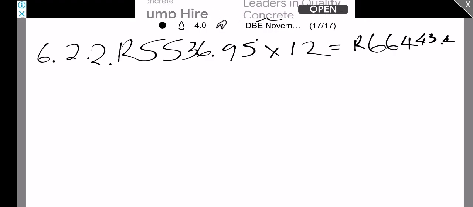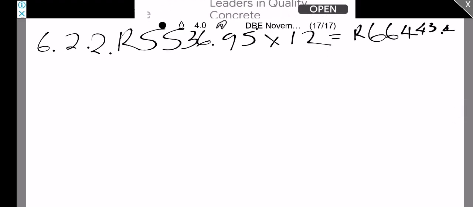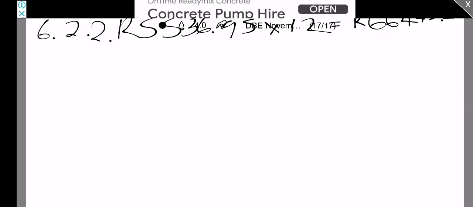Remember, the interest is charged on the balance that is left, that is due. There are two ways of calculating the balance. I'm going to show you the first way.